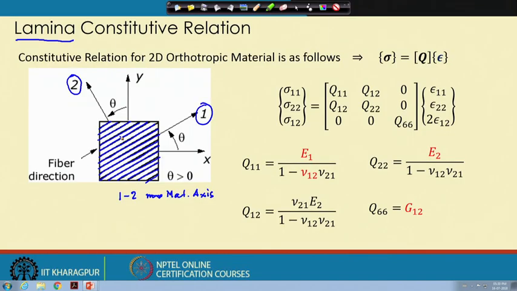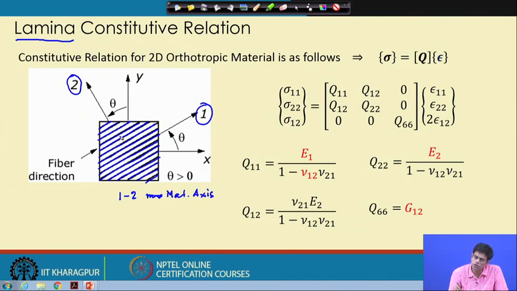In a 2D orthotropic material, we know the constitutive equation, and it looks like this. Here you see that there are 4 independent constants. I have already discussed these things in previous classes.